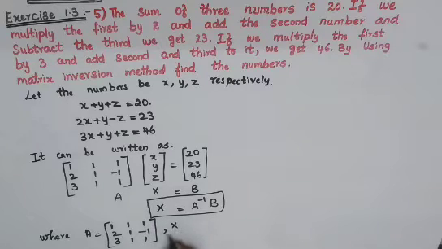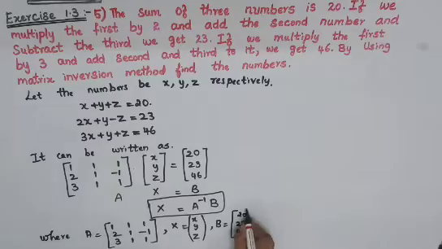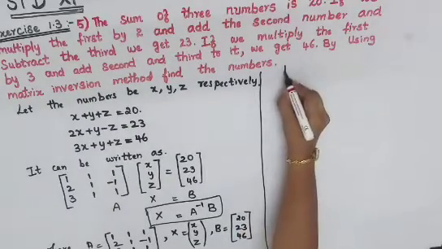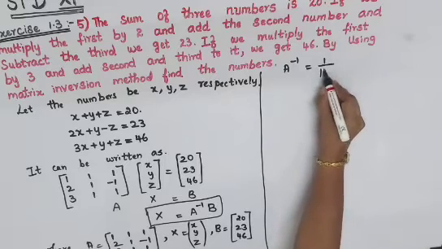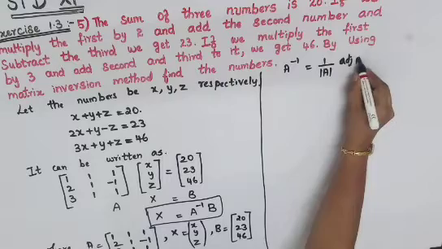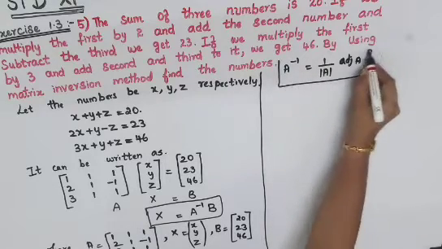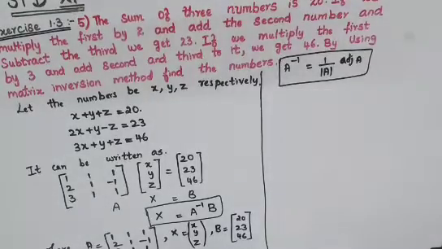And your x is equal to x, y, z, and your B is equal to 20, 23, 46. The next step is A inverse, you'll have to find it. So A inverse formula is equal to 1 by determinant of A into adjoint of A. So to find your A inverse, you need determinant of A as well as your adjoint of A.